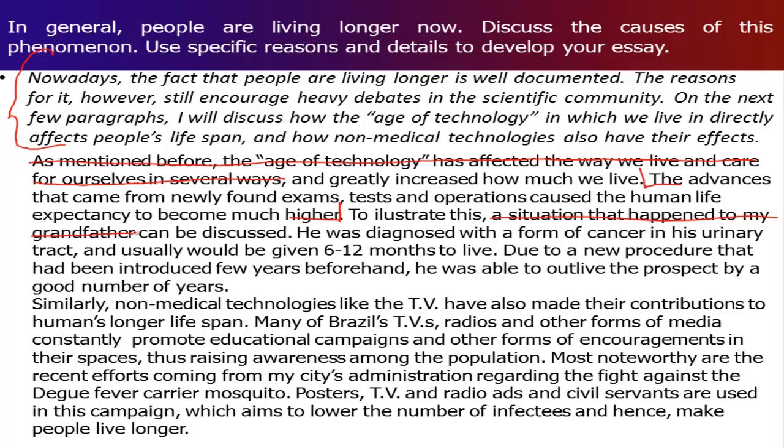He was diagnosed with a form of cancer in his urinary tract and usually would be given 6 to 12 months to live. Due to a new procedure that had been introduced a few years beforehand, he was able to outlive the prospect by a good number of years. Due to is a signal word. Okay?